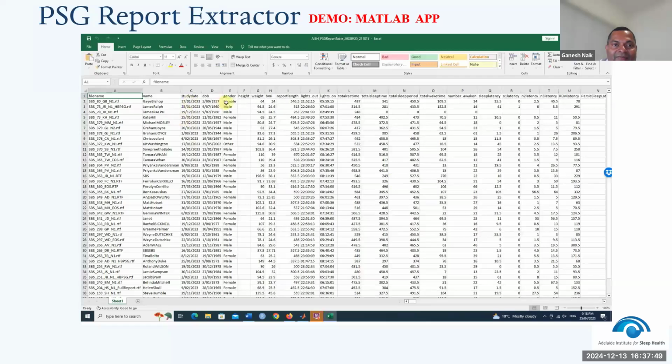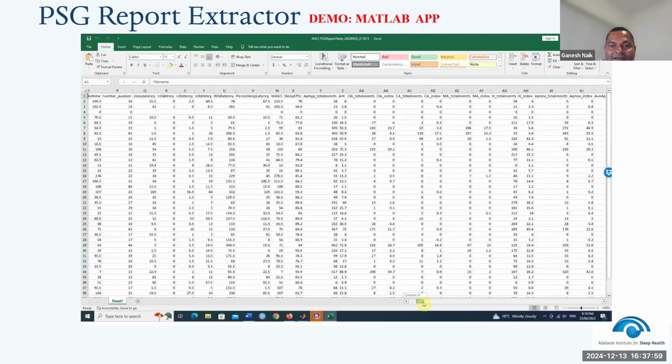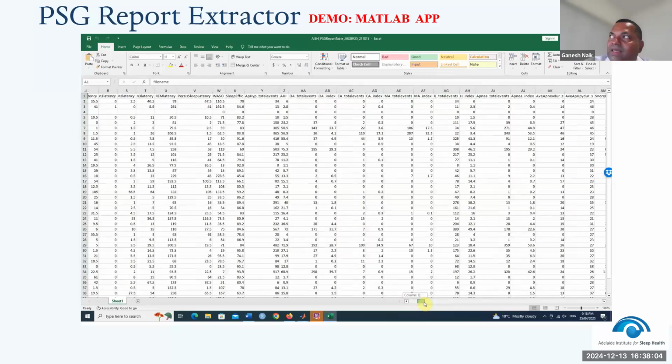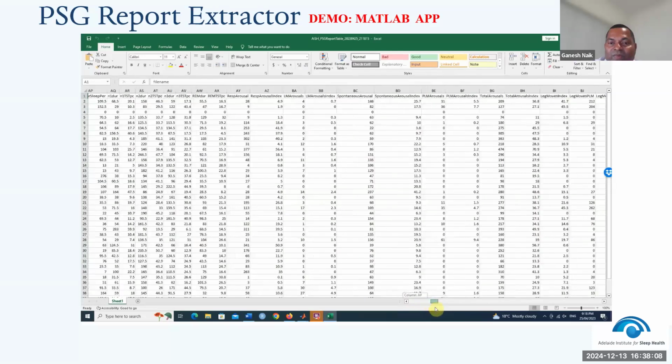If I browse through that vertically, you can see that around 400 plus data points are extracted. This was very useful for the clinicians, especially if they are doing trials with thousands of participants.